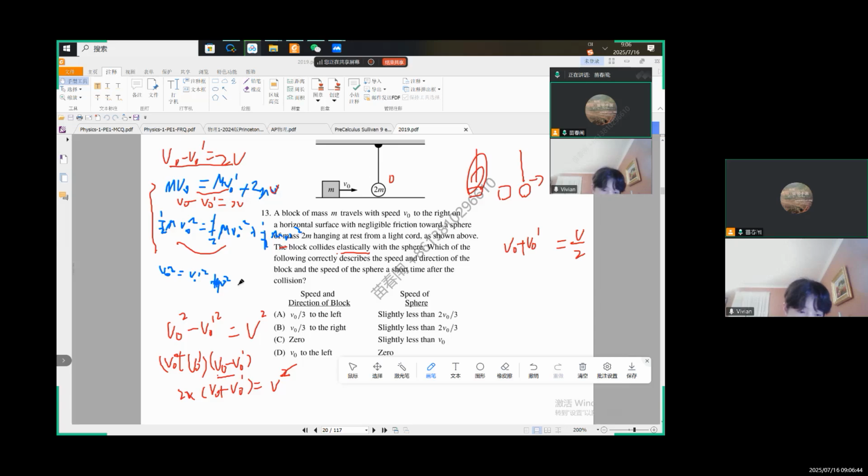And so that's why, you want to find out the speed of the block. Let's find the V0 prime. Now I have this one and this one all together. V0 minus V0 prime equals 2V, right? I want V0 prime, so I subtract, and 2V0 prime equals, actually negative 3 over 2V, right?